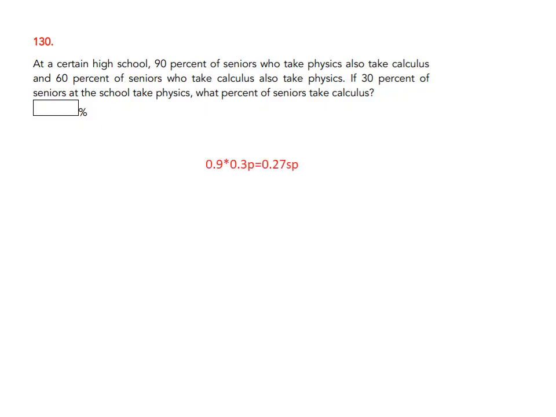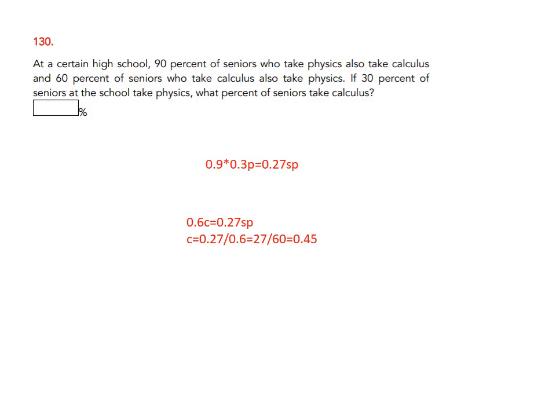So we got 0.27 of seniors who take physics. Now set it equal to 60% of seniors who take calculus also take physics. So 0.6, as it's 60 divided by 100, so 0.6 C, that is of calculus, equals 0.27 SP, that is seniors who take physics.